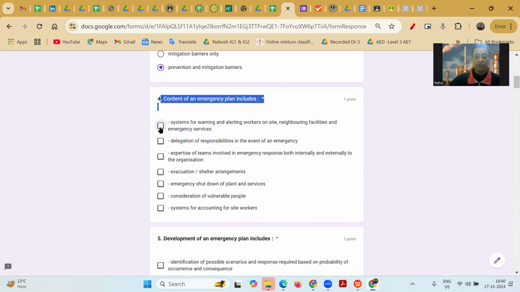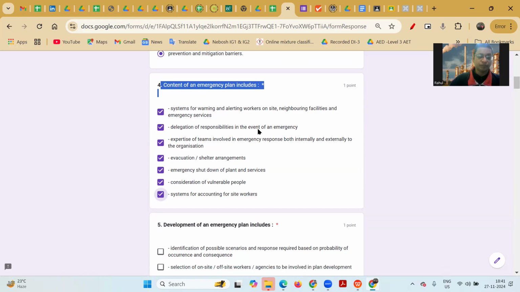The system for warning and alerting workers, delegation of responsibilities, expertise of teams, evacuation, shelter arrangement, emergency shutdown, consideration of vulnerable people like disabled people, older people, young people, pregnant ladies, and a system for accounting for site workers like roll call procedures. These arrangements are required. So all the answers are correct.